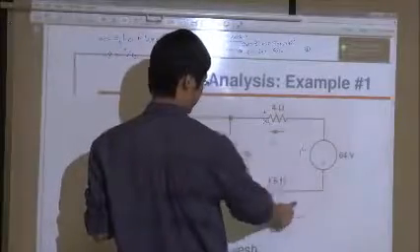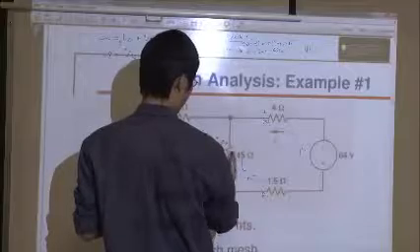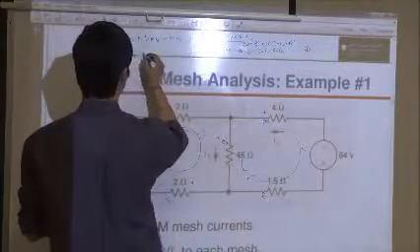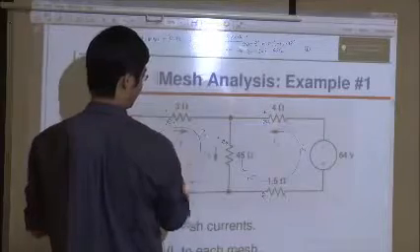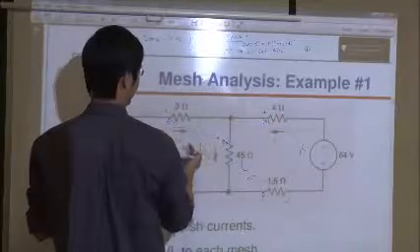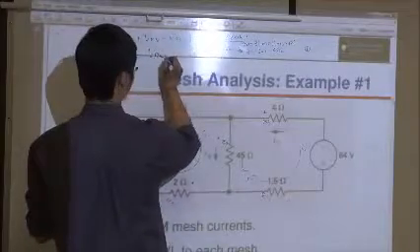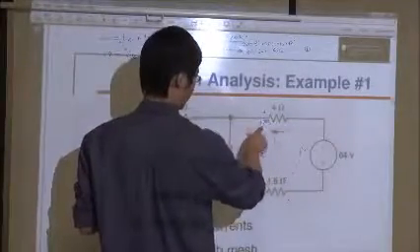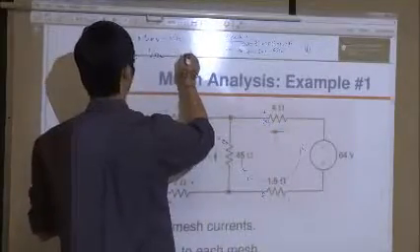This is a rise and this is a drop, and this also needs to be done. Minus, because we already defined the direction of this is plus, this is minus. So this is a rise, so it's minus VR4. And then this way, you saw plus here, minus here, so that's plus VR3.